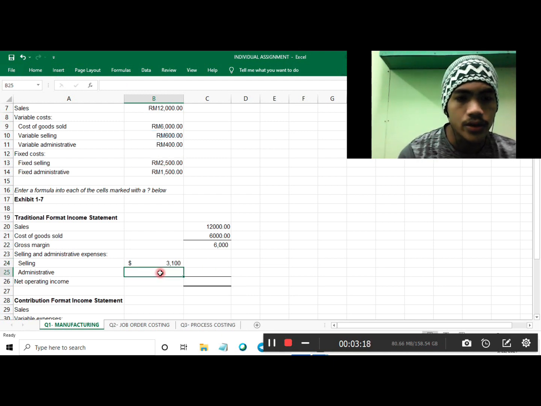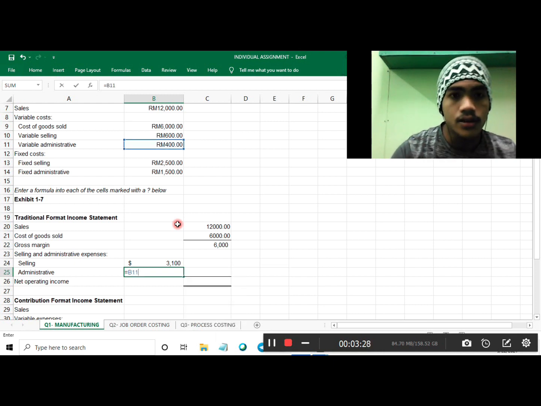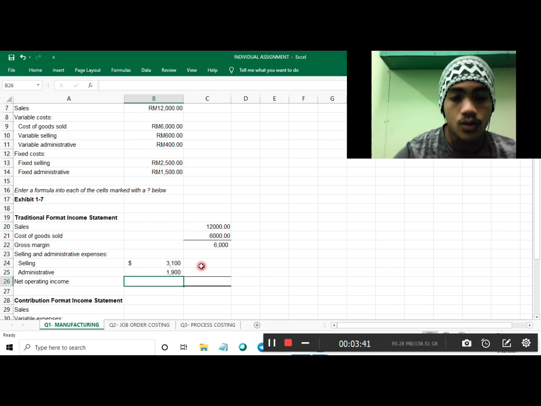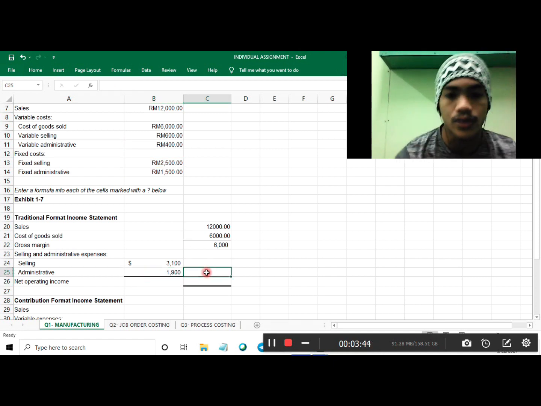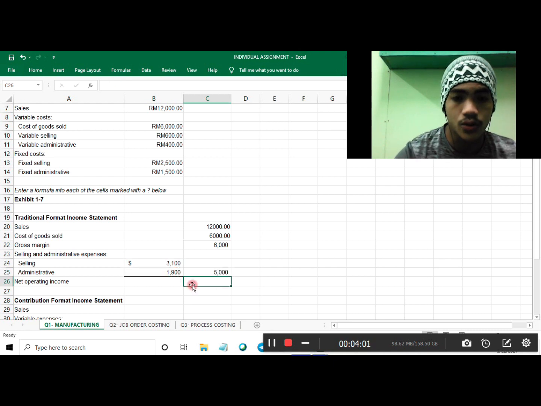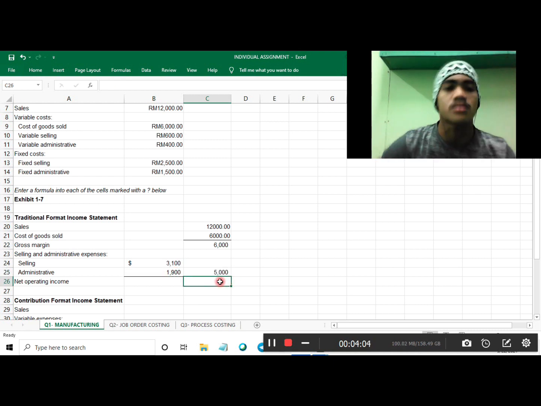Then we get 3,100 ringgit, and for administrative equal B11, 400, plus fixed administrative B5. So we get 1,900 ringgit. So we need to total the selling and administrative expenses: 3,100 plus 1,900. So we get 5,000 for selling and administrative expenses.